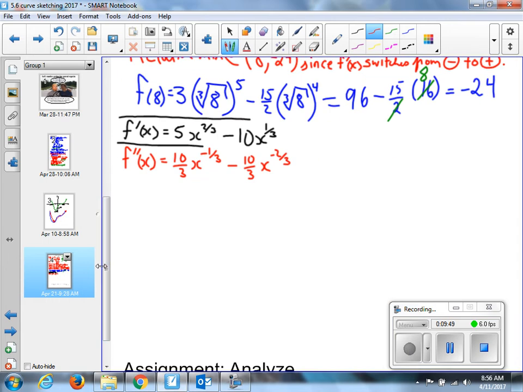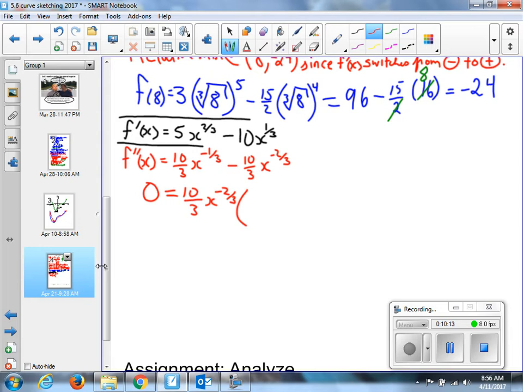Common factor. I'm going to set this equal to 0 because I'm looking for possible, we don't call them critical points, these are possible inflection points as long as the second derivative changes signs. 10/3 is an obvious number. x to the smallest degree, 2/3. Hold up. So, negative 1/3 minus negative is actually adding 2/3.